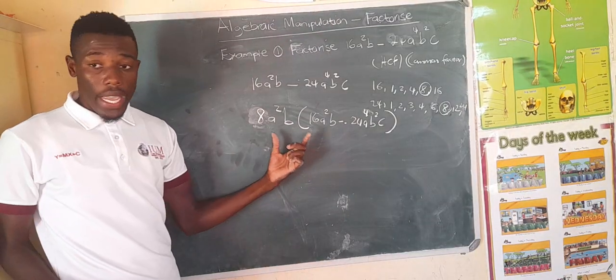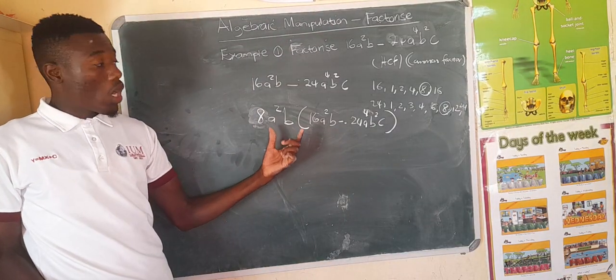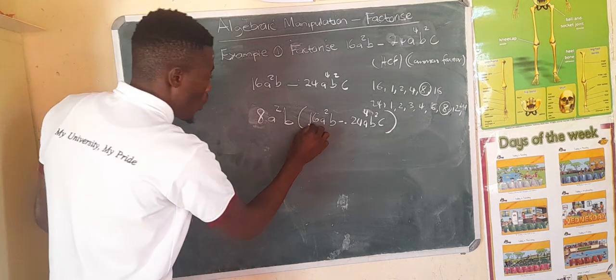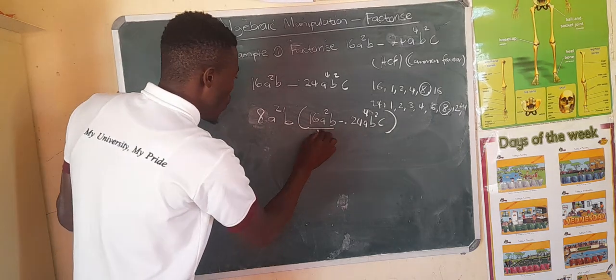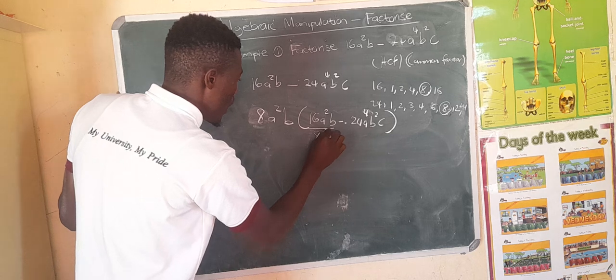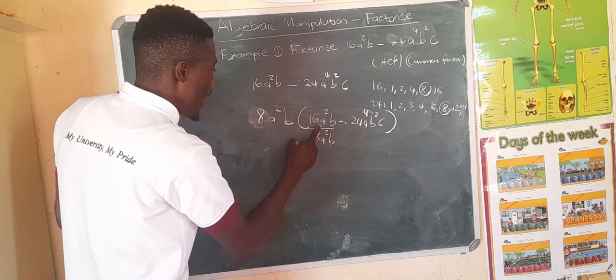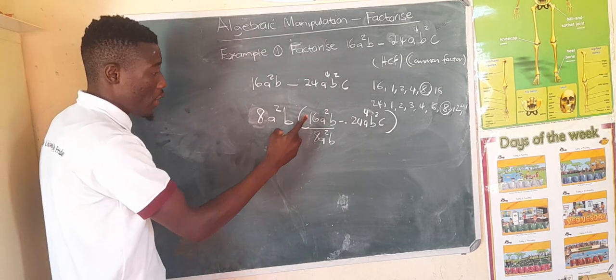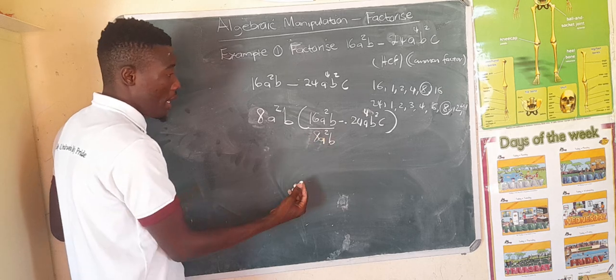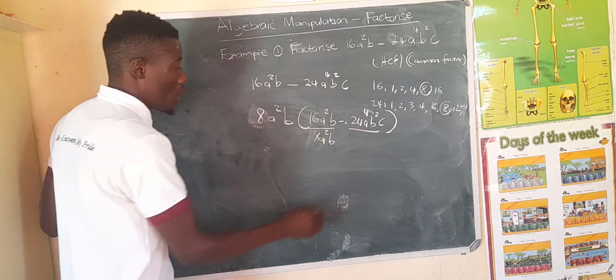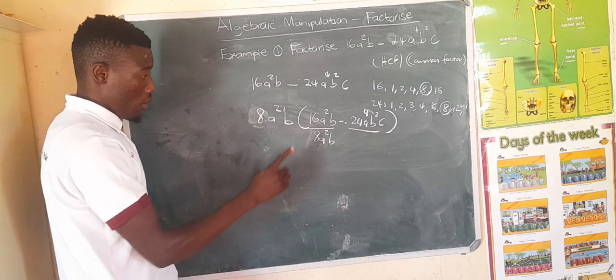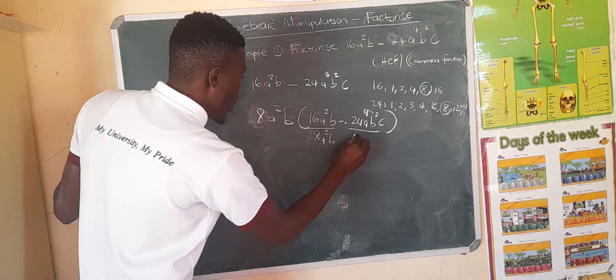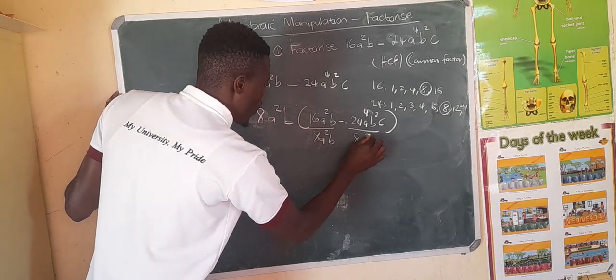We want to get the expression that we are going to put inside the bracket. We are going to divide 16a squared b and 24a to the power 4, b to the power 2, c with our highest common factor, 8a squared b.